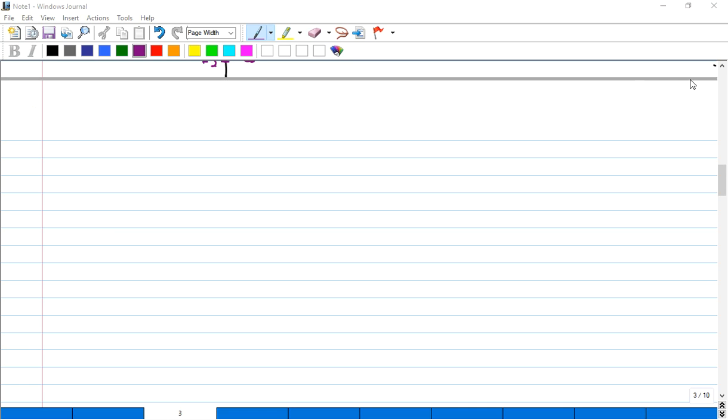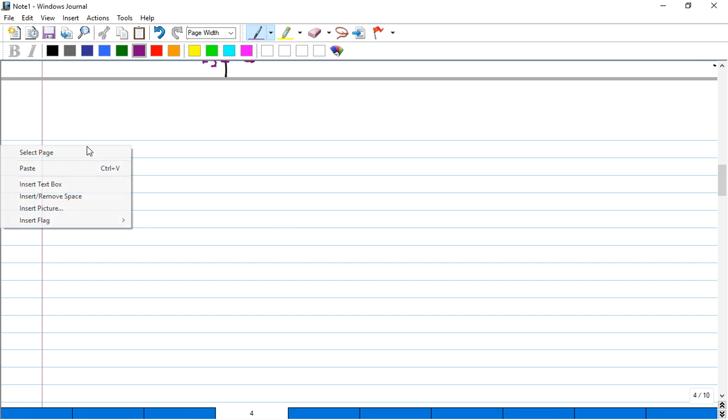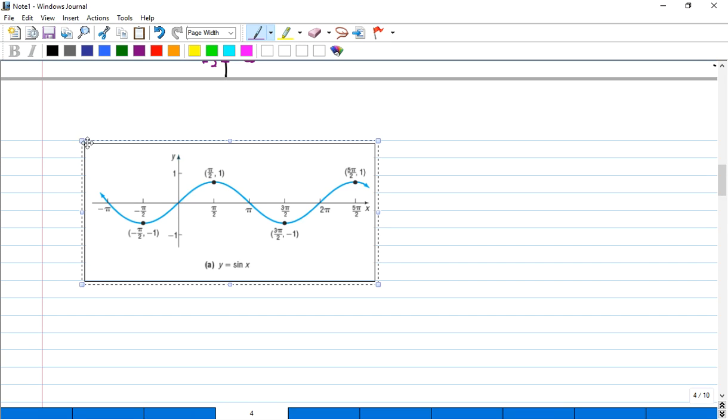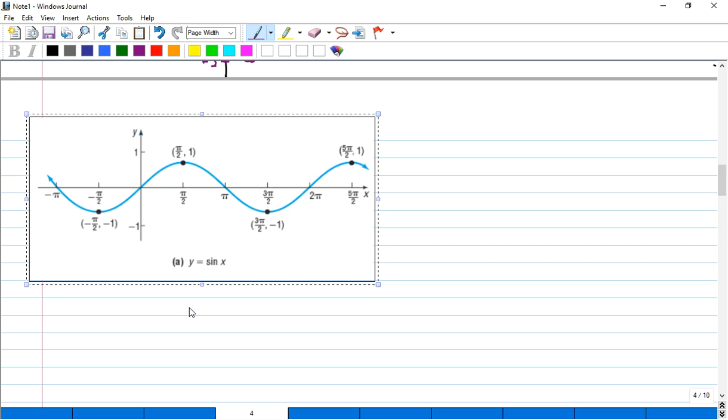So here is the graph that we went over. This is the copy from the book. I'm on around page 147 of your ebook. Here's the graph y equals sine of x.